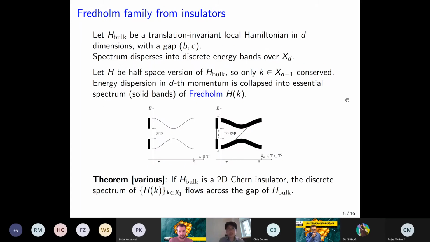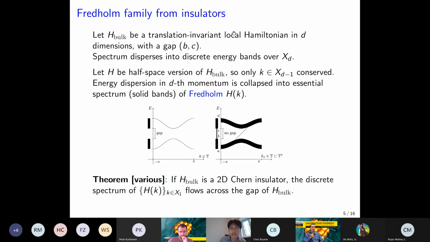So let's recall the notion of topological insulators and their edge states. I'm actually not going to work in the bulk picture. I'm going to work in a picture where you have a half space operator. Most of the time in solid state physics, you deal with some periodic, translation invariant bulk Hamiltonian.